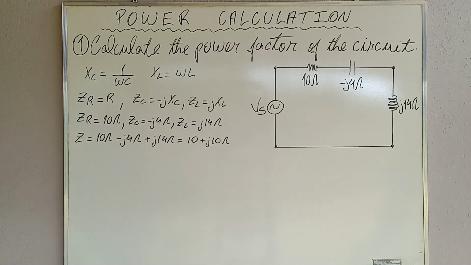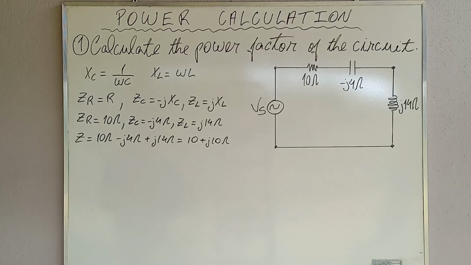Since the imaginary part of the complex impedance is greater than 0, it is inductive, which means that the current lags the voltage by the angle of the power factor.